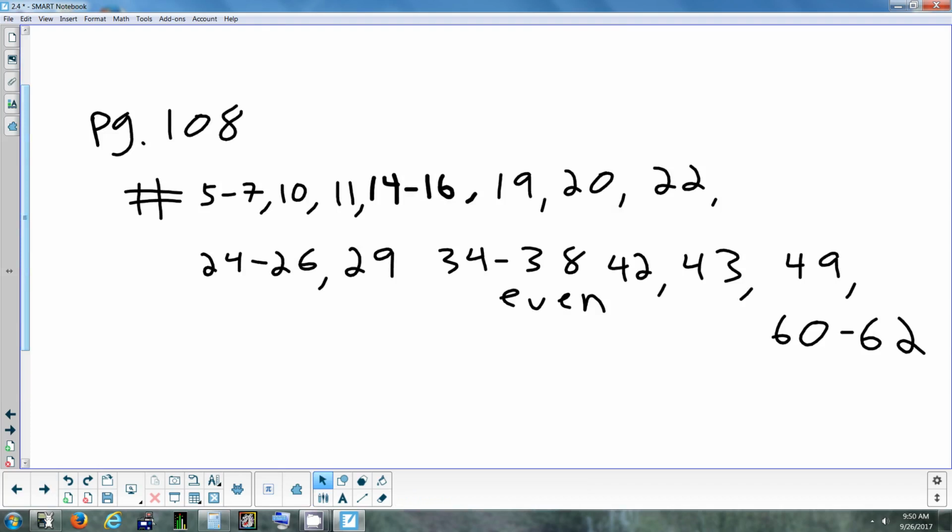Don't do all, just the evens. Then 42, 43, 49, and 60 to 62. Some of those are connected, like 60 to 62 is all the same problem, so it's not really 3 separate problems. We'll take a look at that tomorrow and then go over it, and we will finish chapter 2 tomorrow.